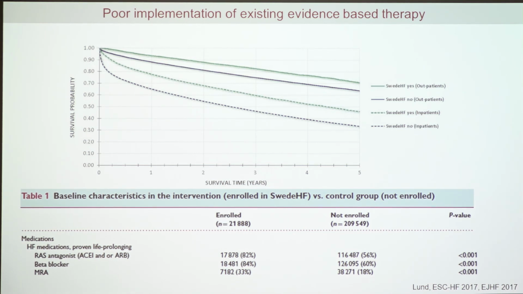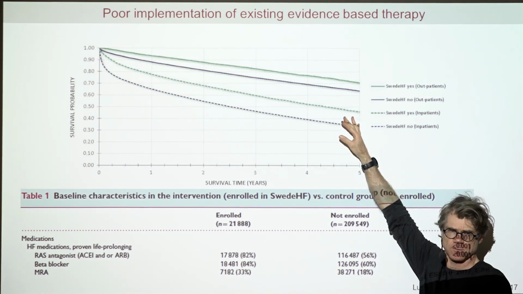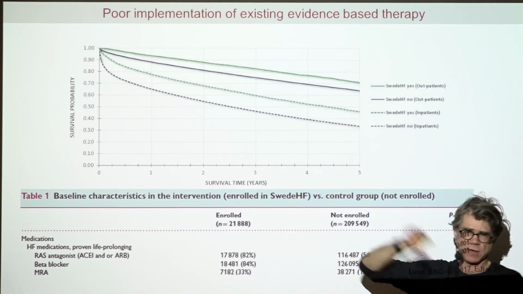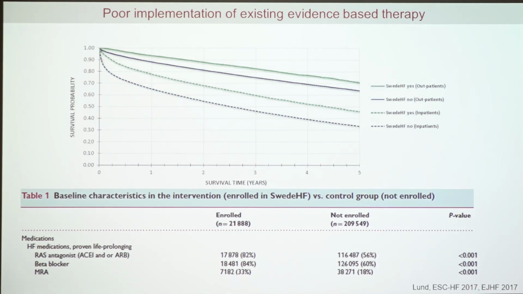Because we do Cox regressions. We do statistical methods to adjust. And if we adjust for age, because the patients outside the registry are older, and maybe that's why it looks like it's good to be in the registry. But it wouldn't help to put the older patients in the registry because they're still older.